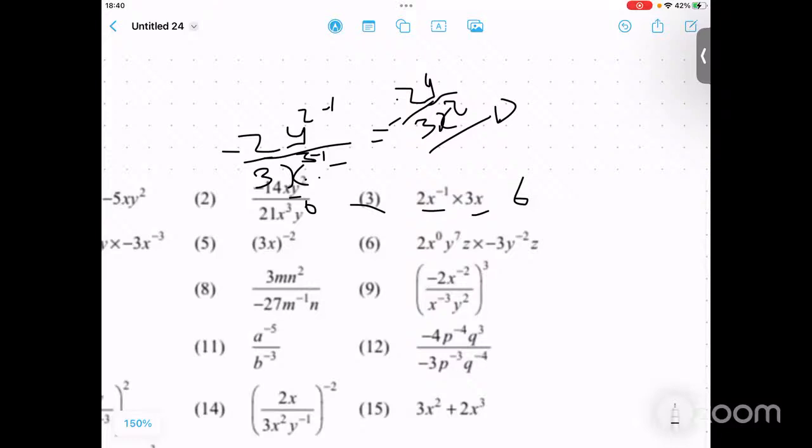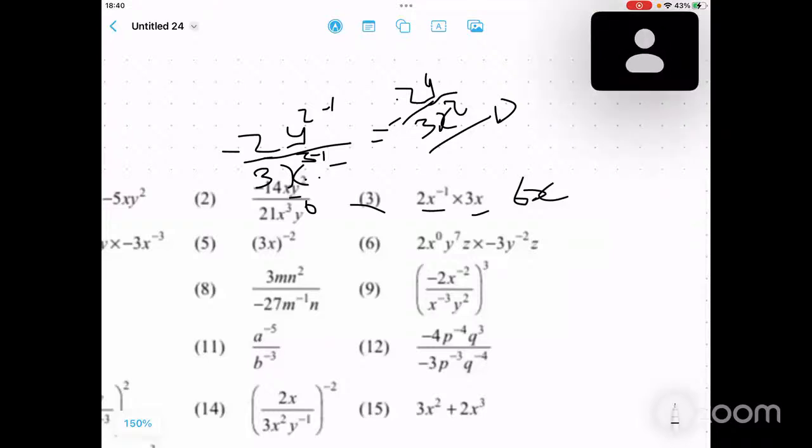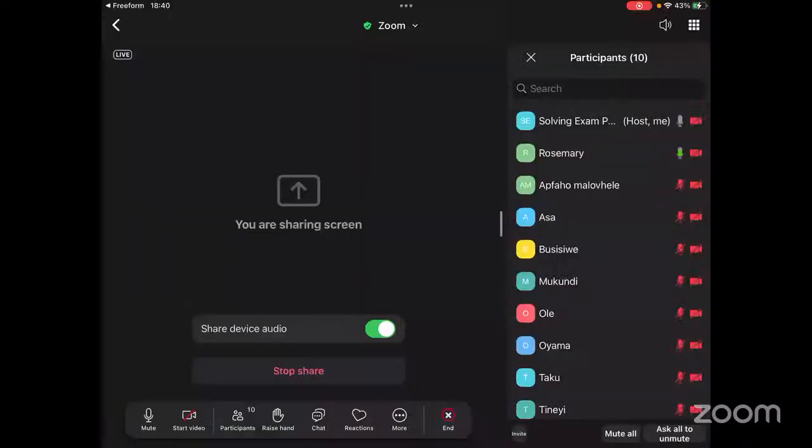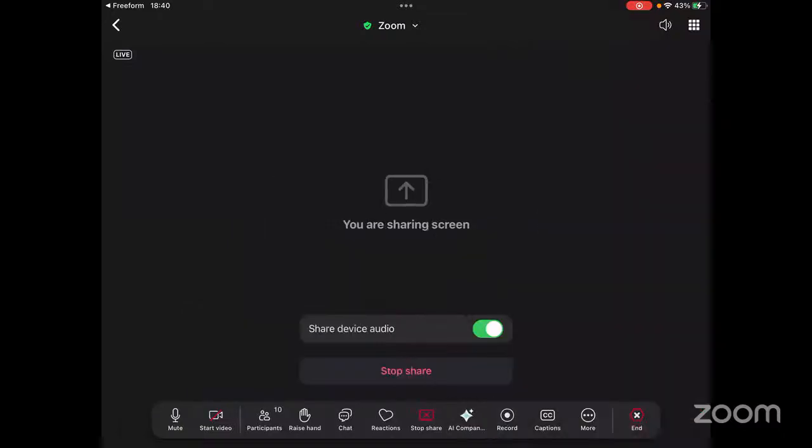So the answer is 6x. Yes. Okay, who's agreeing with Mukundi? Do we have somebody who agrees with Mukundi? Yes, ma'am. It's Rosemary.